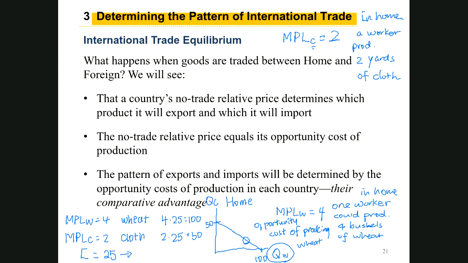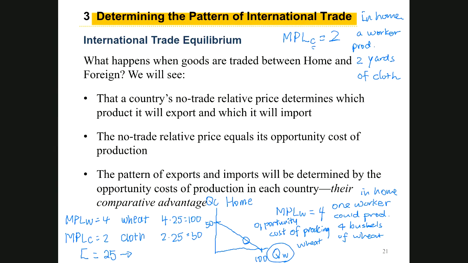It means if you want to get an additional bushel of wheat, how many yards of clothes do you have to give up?